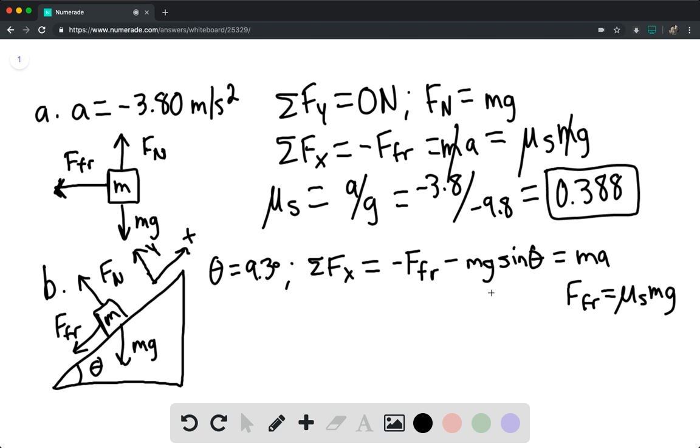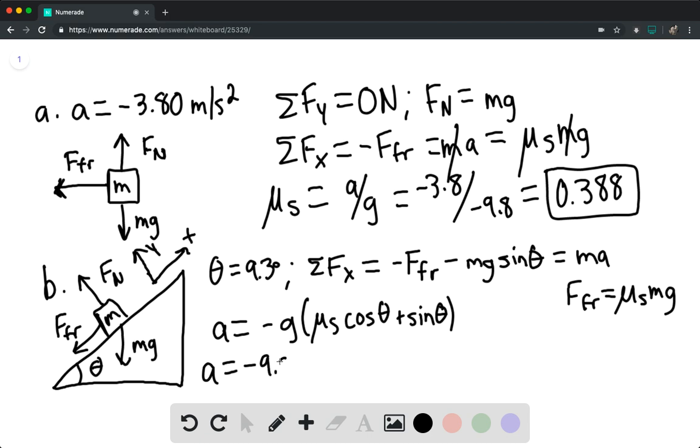So we can say that the acceleration is going to be equal to negative g times mu s cosine of theta plus sine of theta. We can solve and say a equals negative 9.8 times 0.3878 cosine of 9.3 degrees plus sine of 9.3 degrees.